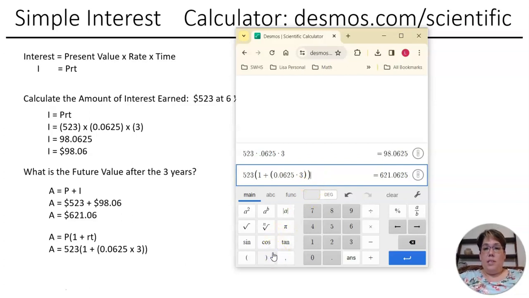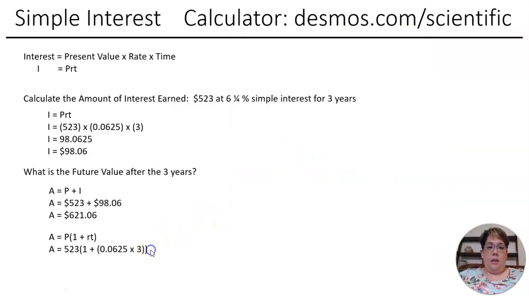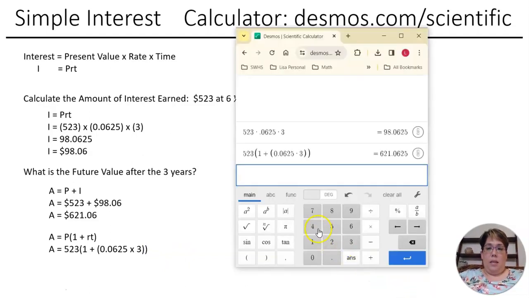So notice the reason why I like Desmos is because it looks exactly like it looks on the screen. And so I can make sure that it looks exactly the same. So when I do that, then I can hit enter, and I get, so then I can double check and make sure that I got the same exact number, which is 621.06.